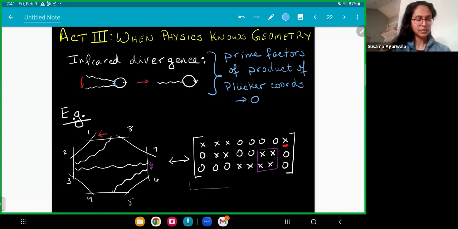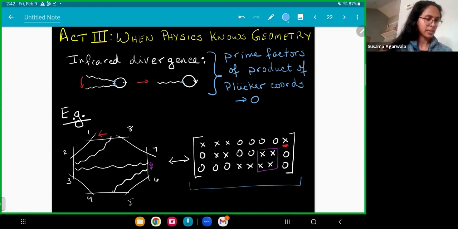So I have this matrix. It's 3 by 3, so calculating the Plücker coordinates is a little bit more complicated than before. But if I go through and do it, I will find that my prime factors are always going to be either 1 by 1 or 2 by 2. And they will correspond to, for instance, bringing these propagators together, the infrared divergence.